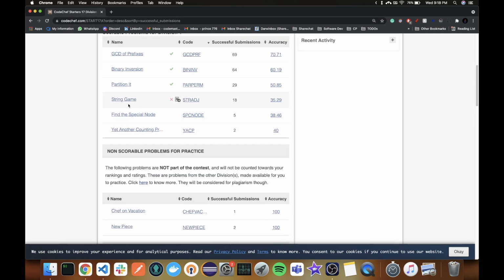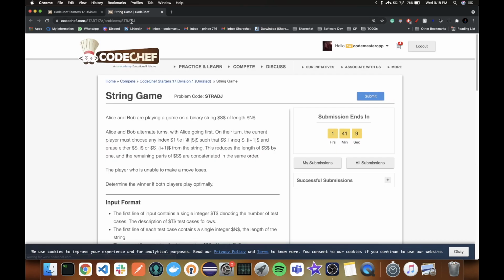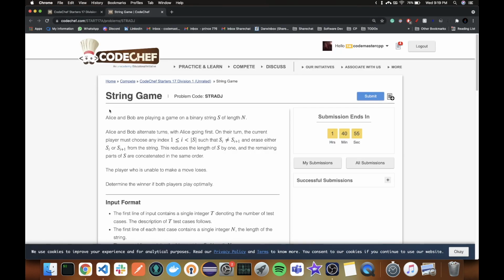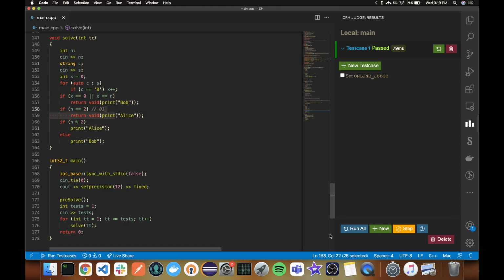Let's change my approach to this problem. So this is one edge case that I've covered. This is another edge case that I've covered. Now, in all other cases, will the string length always go to 2?